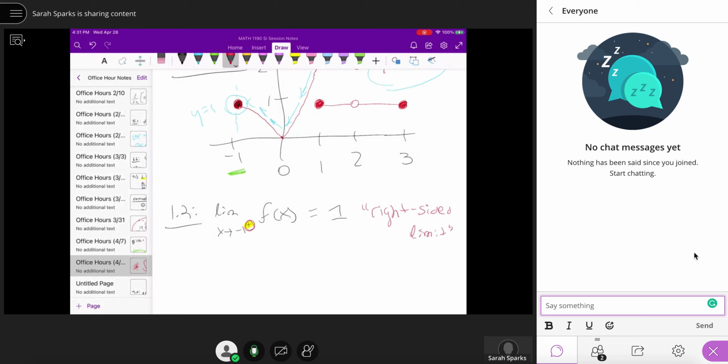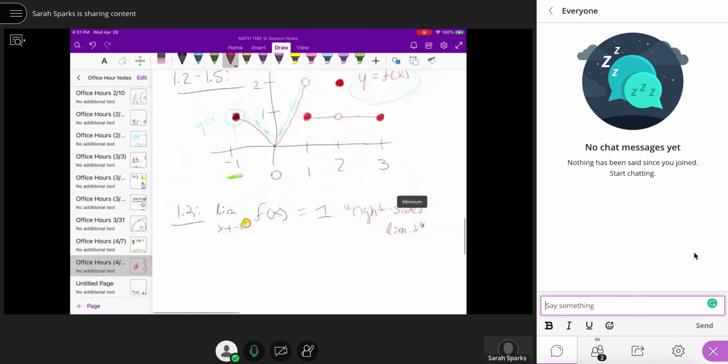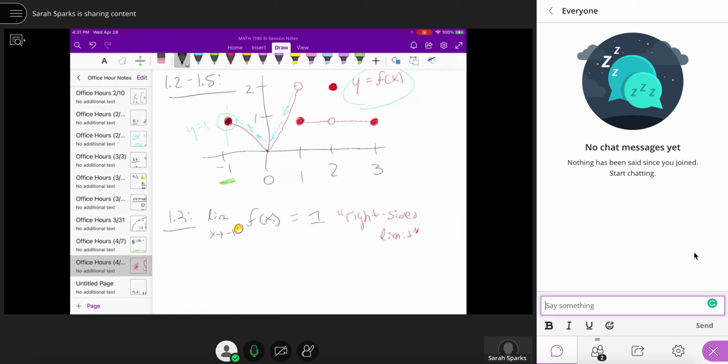If we do the same limit, but left-sided, we have the limit as x goes to -1 from the left of f of x. And since we have that sign right there, this is a left-sided limit.